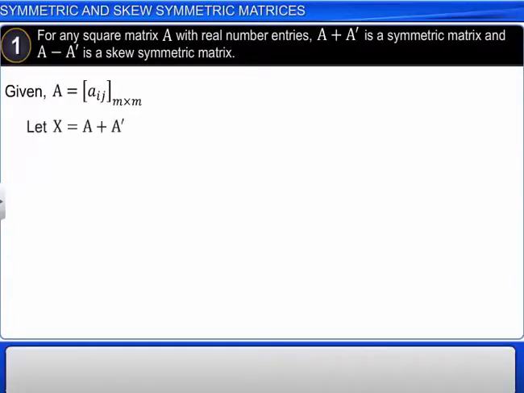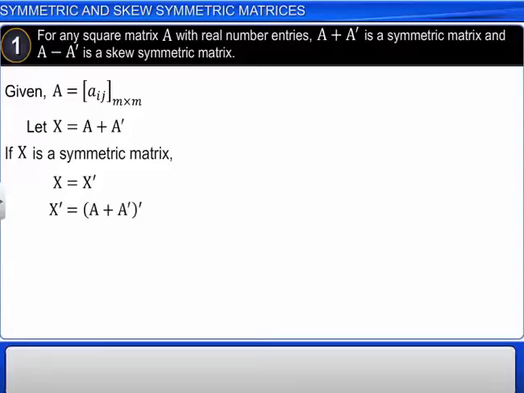For the moment, let X be the sum of matrices A and A transpose. If X is a symmetric matrix, then X is equal to X transpose. Let's substitute A plus A transpose in place of X in X transpose.